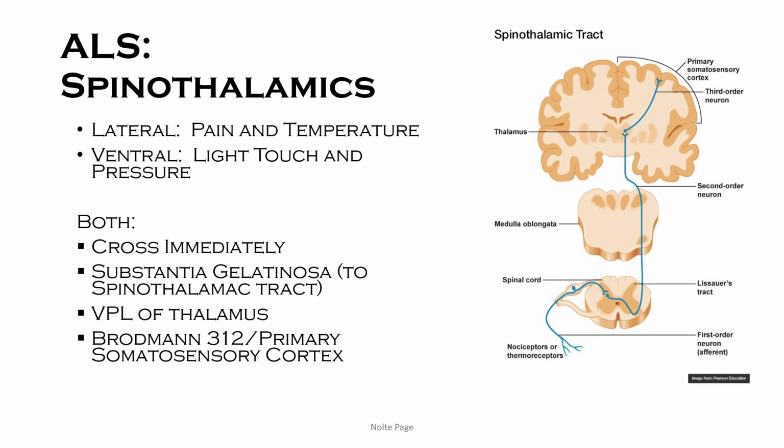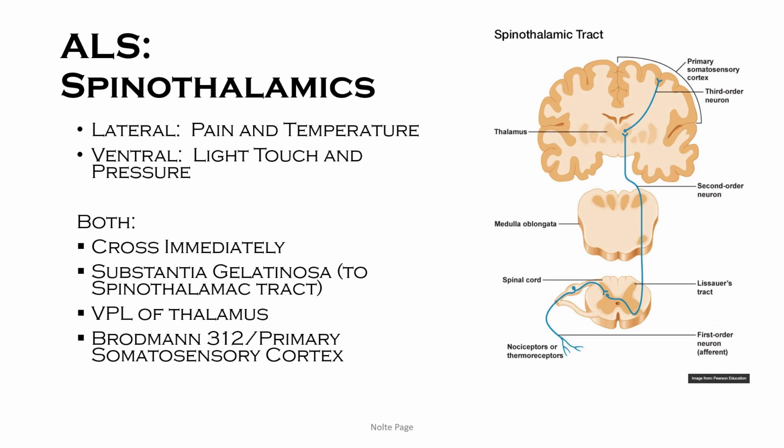So it's coming in, synapsing at Rexed lamina 2, or that substantia gelatinosa, that nociceptor comes in from the receptor level at the skin, right? Comes in, synapses at substantia gelatinosa or Rexed 2, and then it's going to cross over, and then we're calling it spinal thalamic tract. It's going all the way up to the VPL of the thalamus. So the nuclei of the thalamus called the VPL.